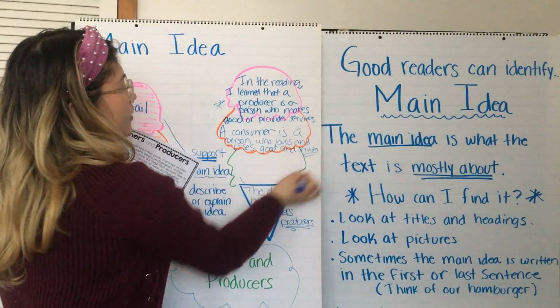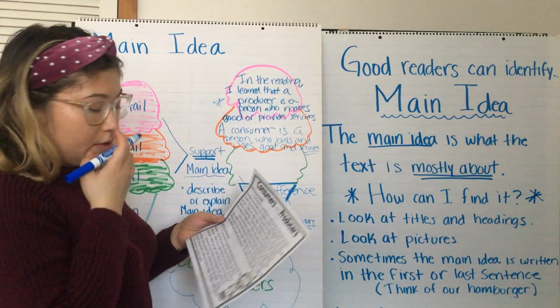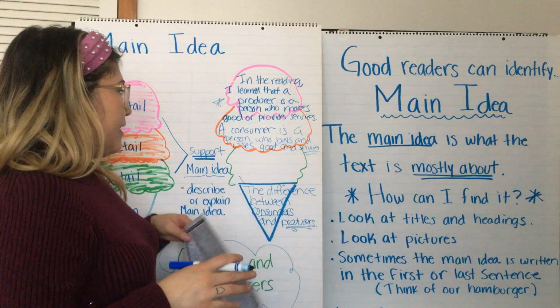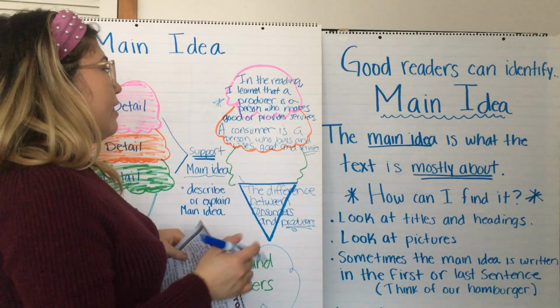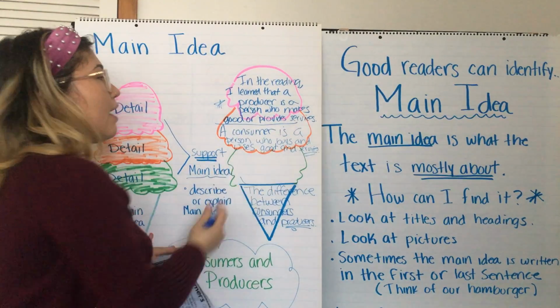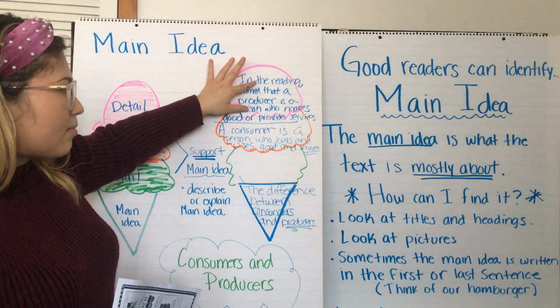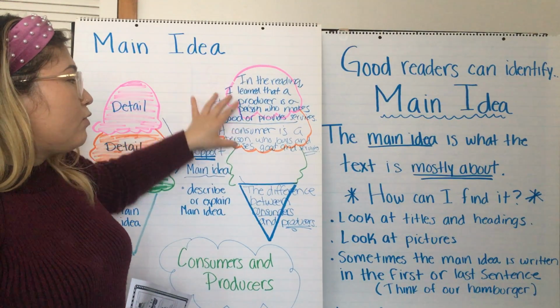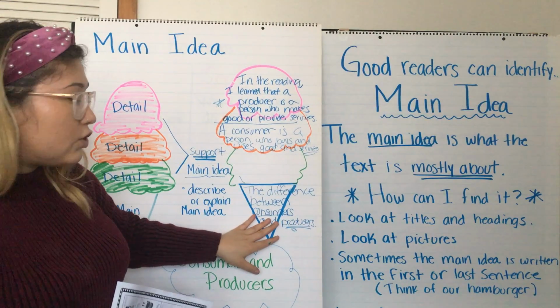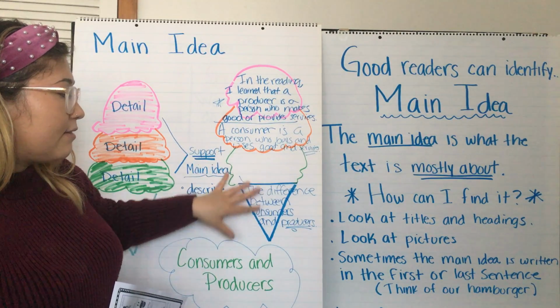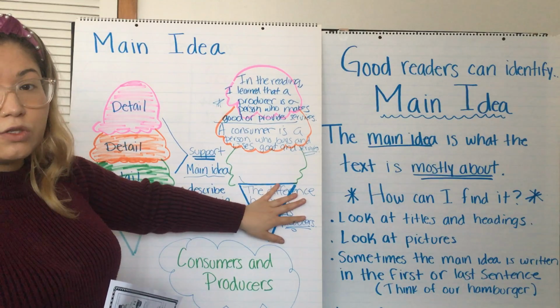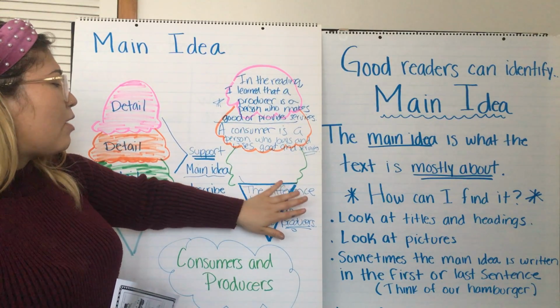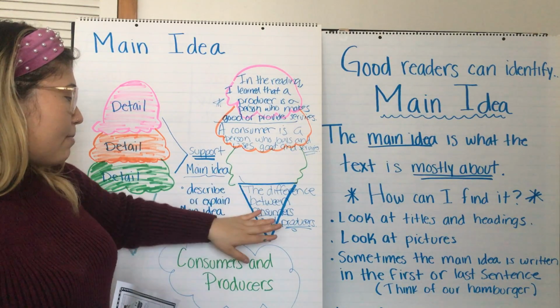This is you, someone who buys and uses goods and services. Now, I have two details, right? In one of my details, I describe what a producer is. And in my second detail, I describe what a consumer is. And all of these details do match my main idea, which I said was the difference between consumers and producers, right? So I am writing about what I said my main idea was about.